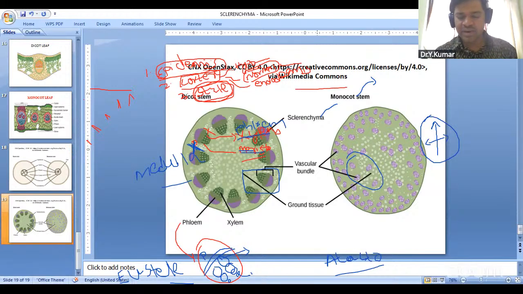I already told you the primary growth takes place by the apical meristem. Then how does the secondary growth take place? It takes place with the help of meristematic tissue present in the vascular bundle. The meristematic tissue in the vascular bundle and between the vascular bundles together form a ring.